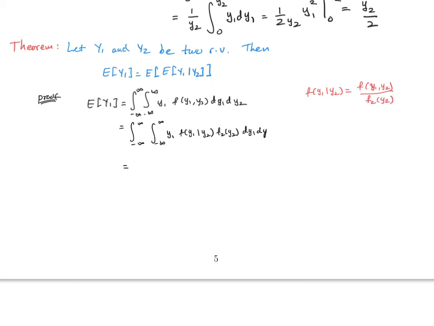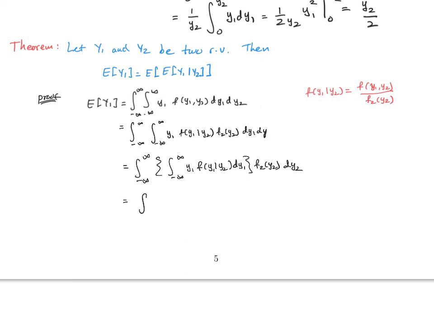And then this is the same thing as the integral from minus infinity to infinity. You can separate this. This is minus infinity to infinity, and this is the definition we're just using right now for a conditional expectation times the marginal function of y2 dy2.